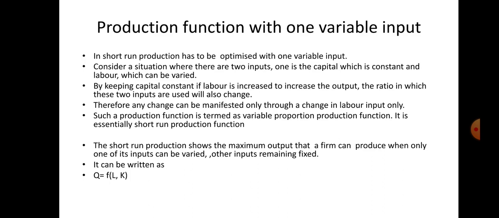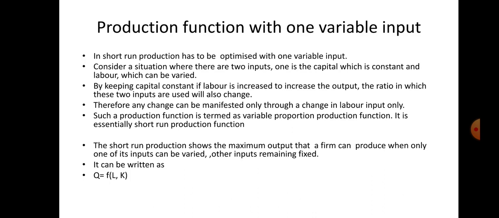Now let us understand what is production function with one variable input. Again, we will be discussing this in two different time frames, one in short run and one in long run. In short run, production has to be optimized with one variable input. Consider a situation where there are two inputs, one is capital which is constant and the other is labor which can be varied.